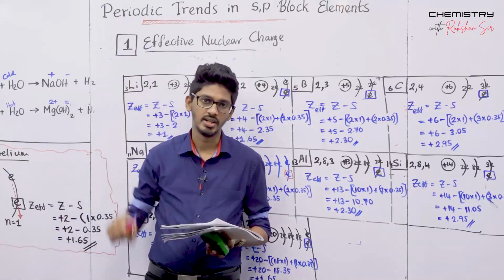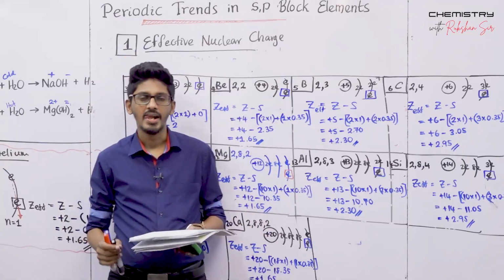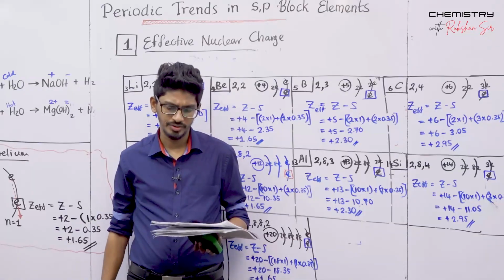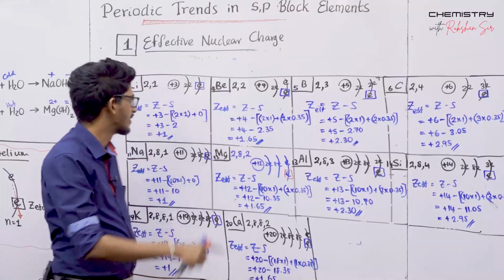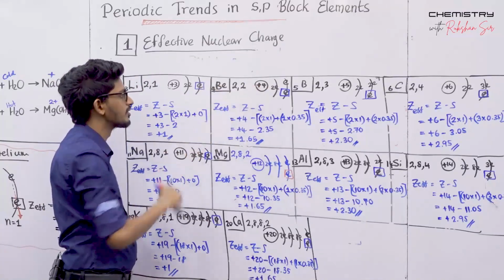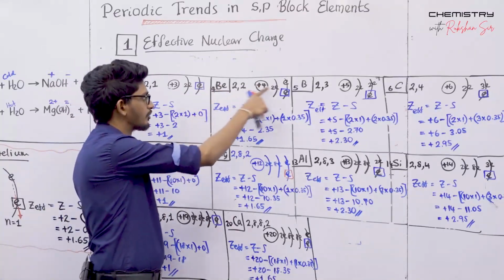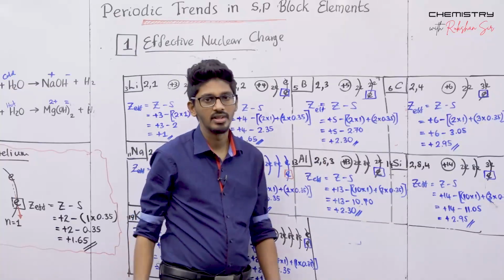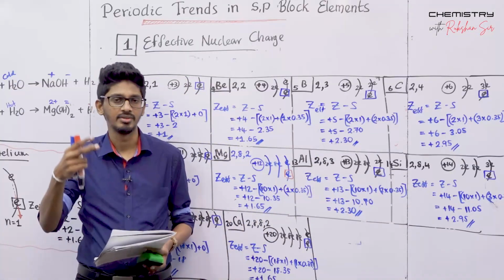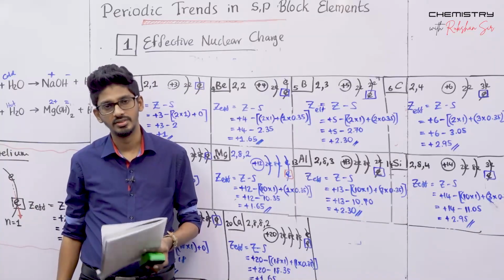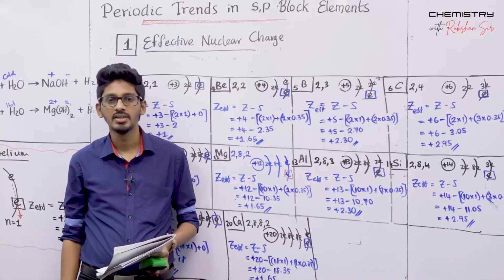Within brackets, you can write as number of protons increase. The atomic number increases means number of protons increase, right? That is the first point. That's what happens when going towards right of a period.